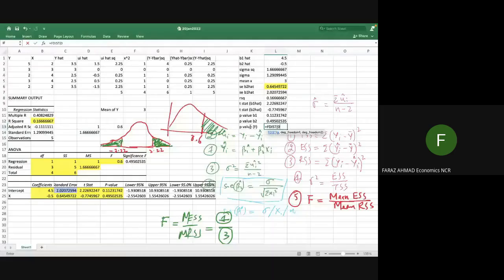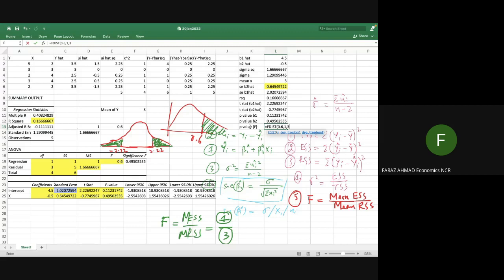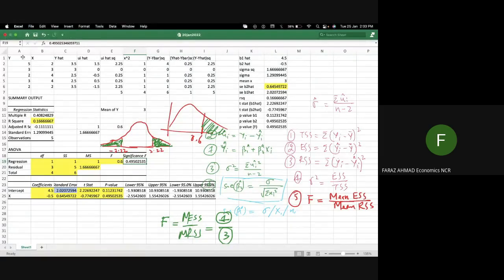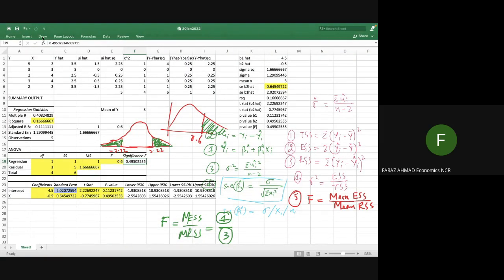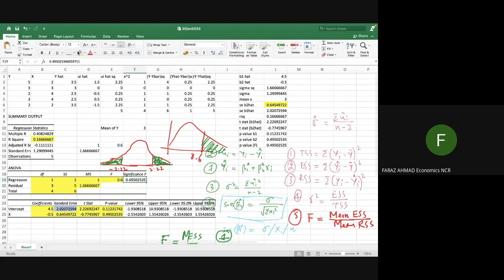I'm writing it manually, 0.6. Then it asks for degrees of freedom in the numerator, which is 1, and the degrees of freedom in the denominator will be the third argument, which is 3. So given this information, we get the p-value of the F statistic, which is 0.4950. And we will use the table, and I'll show you how to use it later. So I'll turn this also yellow.